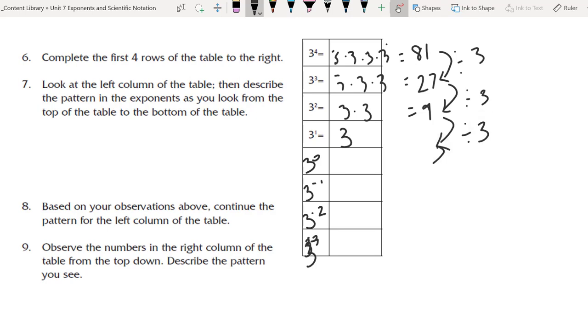So to get 3 to the 0, that'd be divide by 3 again. So 3 divided by 3 is 1. Again, anything to the 0 power is 1. 3 to the negative first, divide by 3 again. So that would be 1 divided by 3 is 1/3.